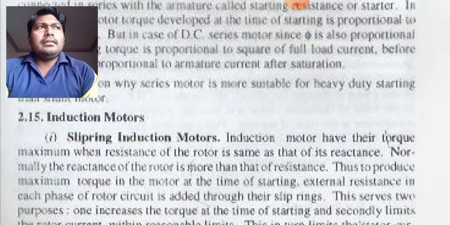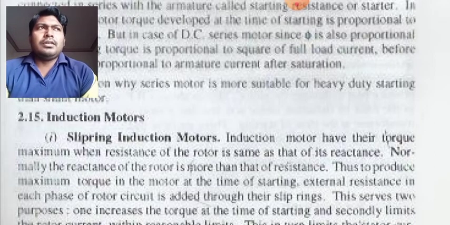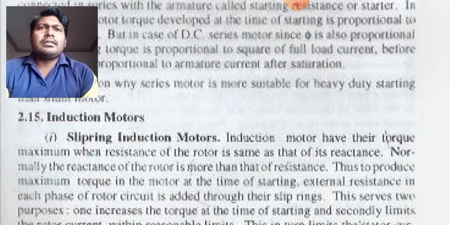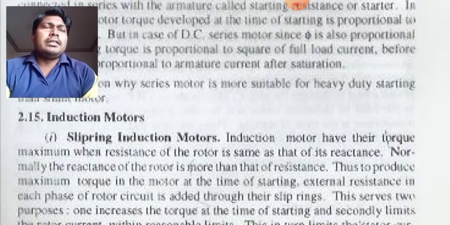I think it is needless to make you understand why the reactance is more as compared to resistance, because any motor part consists of a number of coils, due to which its inductance is very much higher as compared to its resistance, or the resistance is less dominant as compared to its reactance.